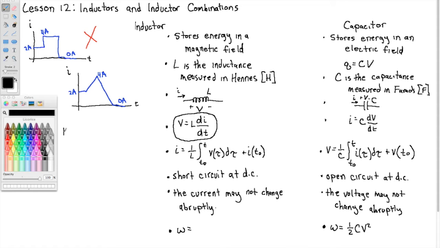So we know that power, electrical power, is I times V. And we know now that V in an inductor is this L di/dt. So there's V, and we still have that I then.